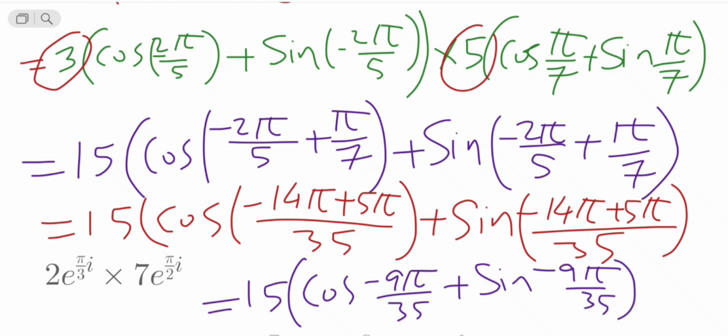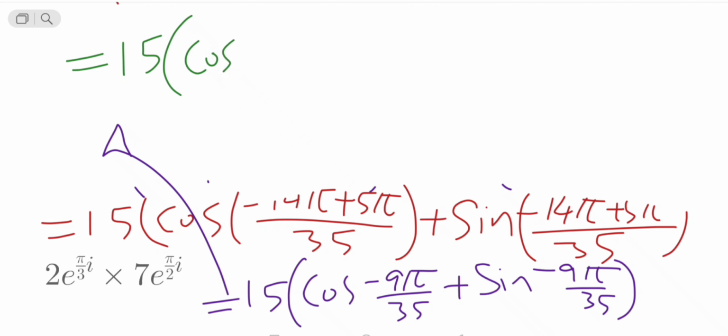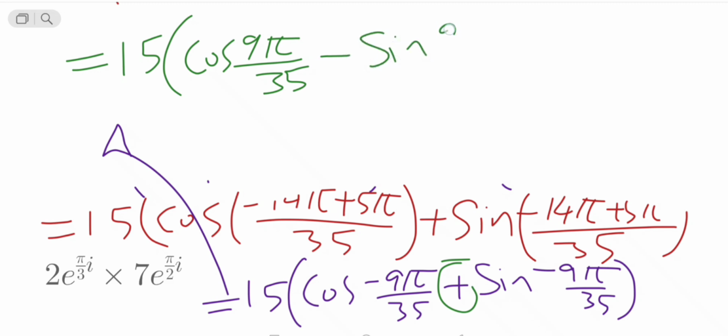If the angle is negative, I will write the answer here, which is equal to 15 bracket cos, because cos negative gives a positive answer, so I write positive 9 pi over 35. Now if sine is negative, it will be negative: plus negative sine 9 pi over 35.